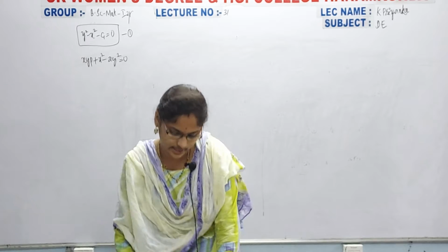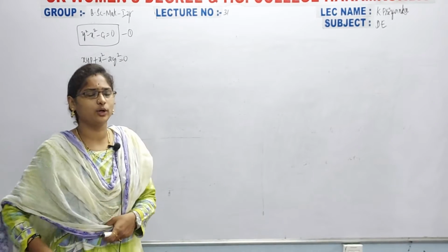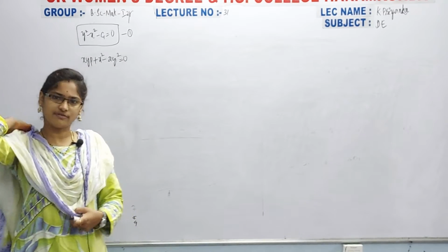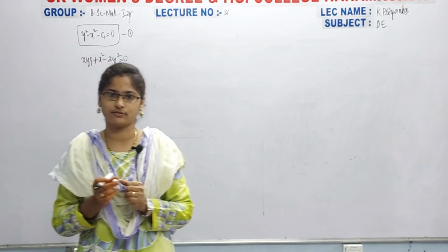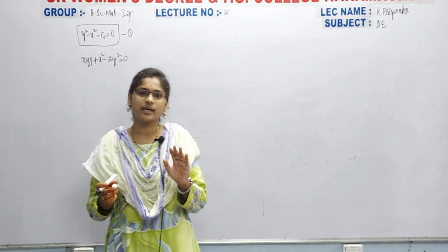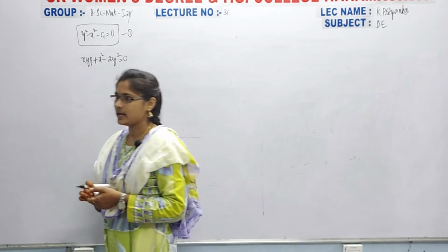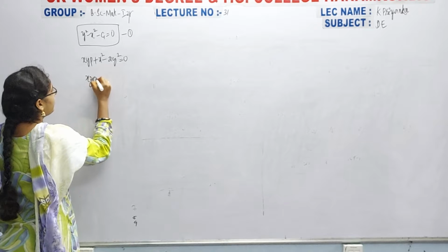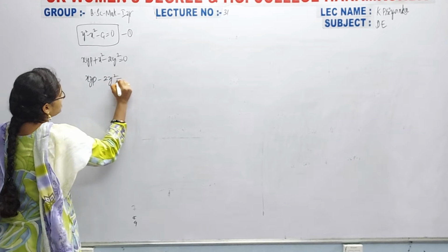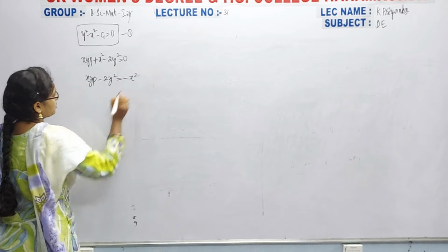So already yesterday I said it is not possible with a normal factorization, right? So that's why here what I am doing is, listen carefully. First of all, I am taking the x terms to the other side. Then we get xyp minus 2y square equal to minus x square.